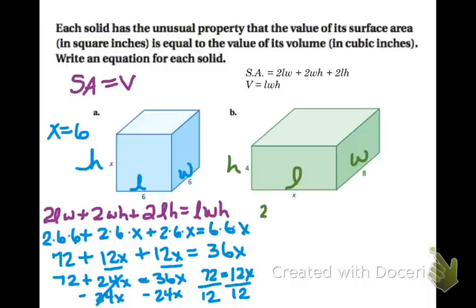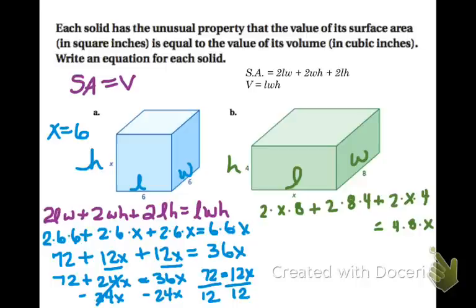So 2 times x times 8 plus the width height, 2 times 8 times 4 plus the length height, 2 times x times 4, and all that is equal to 4 times 8 times x.